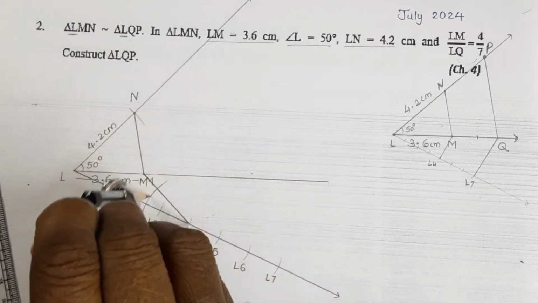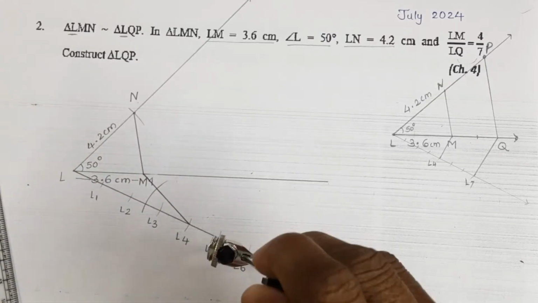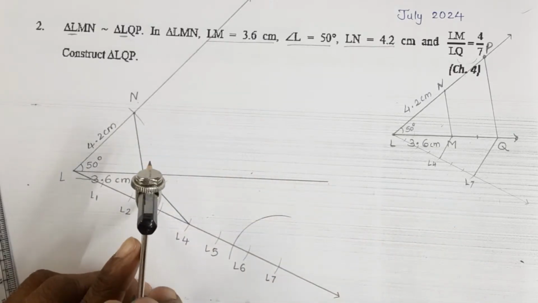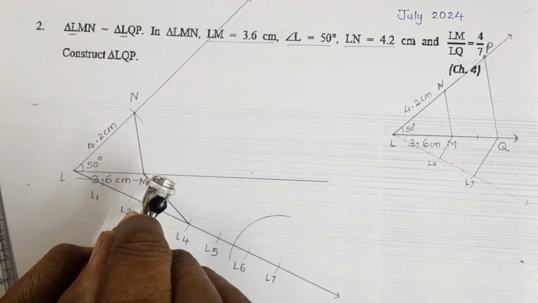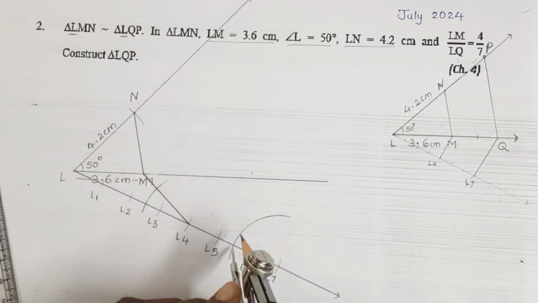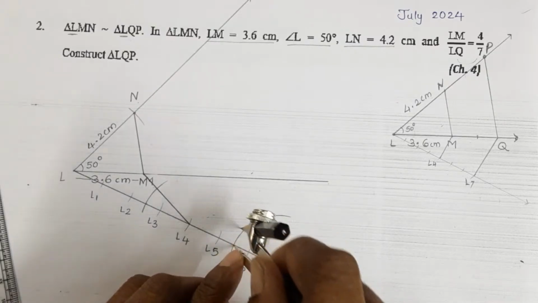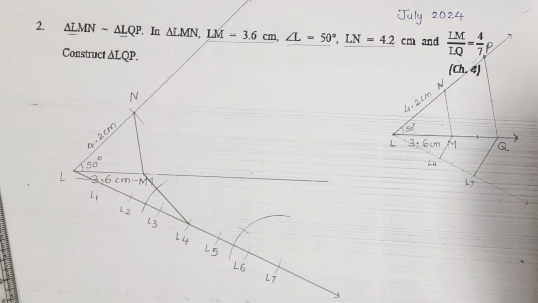Then keep it on L7, make the arc here, and take the distance in between, and make the arc here intersecting the previous arc.